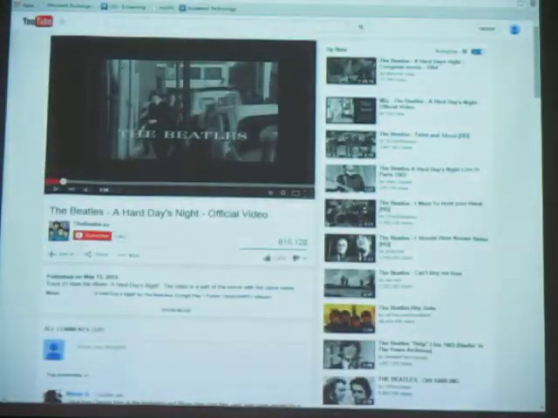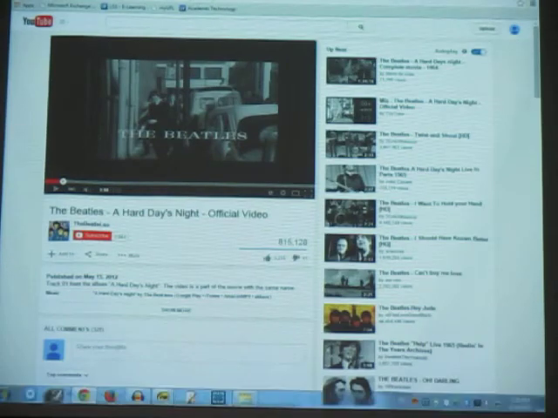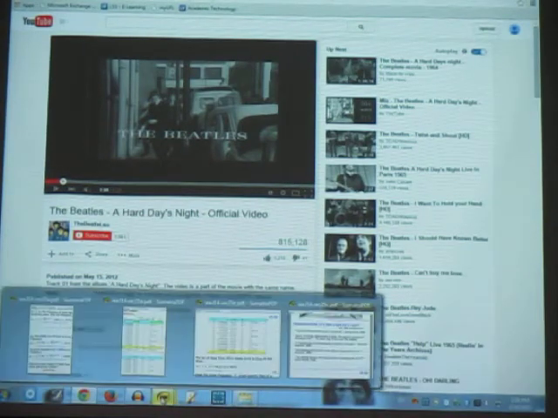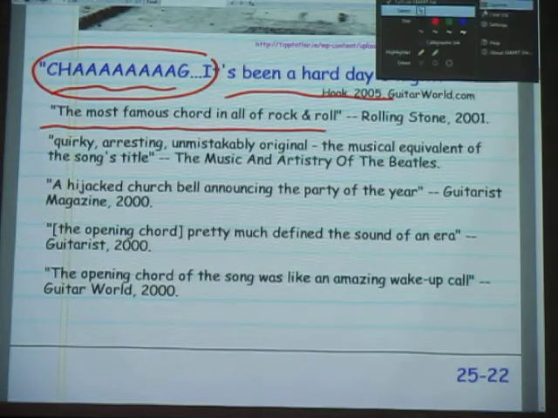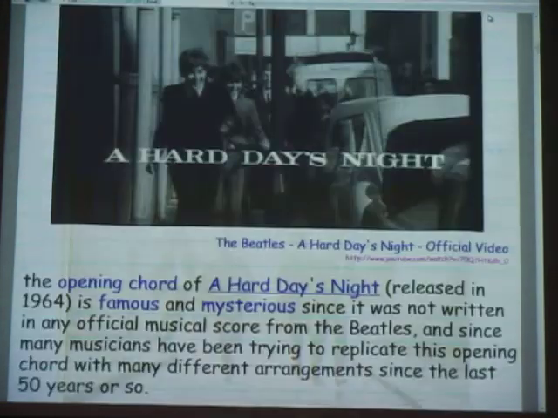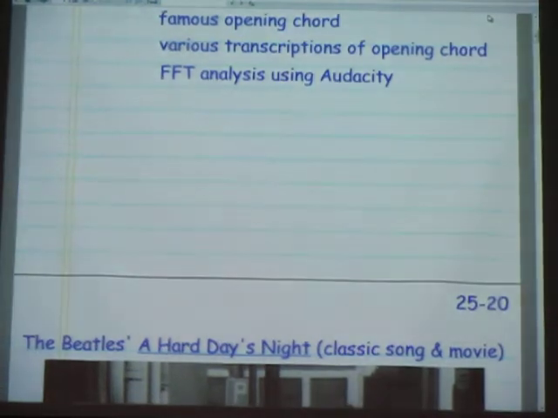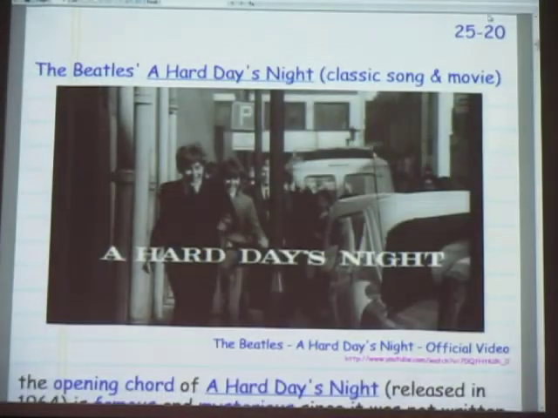So that opening chord is the goal of the real world exercise here. And so let me provide a background for those of you who are not familiar with this story.